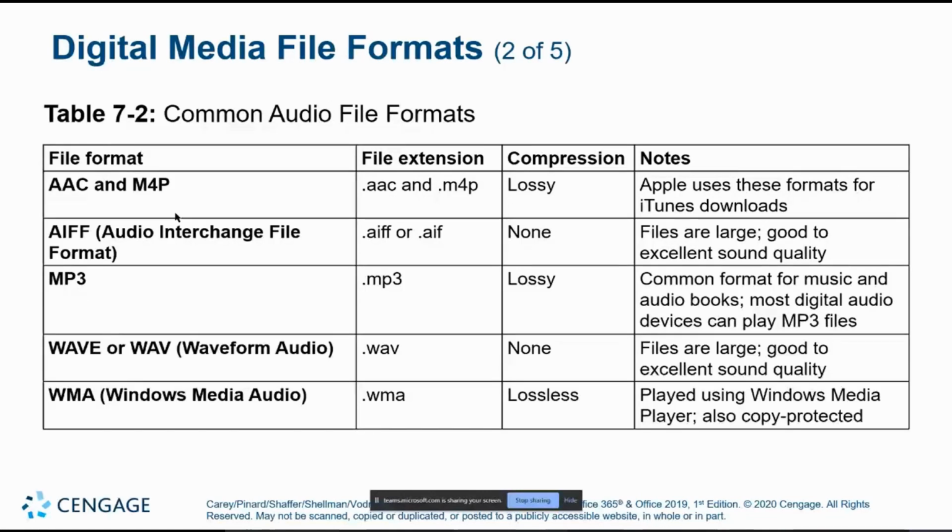Looking at some audio formats now, if you are a Mac user, you have probably seen files in AAC or M4P, and that's just preferred file formats for iTunes. We also have AIFF and MP3, MP3 being a standard for music and ebooks.